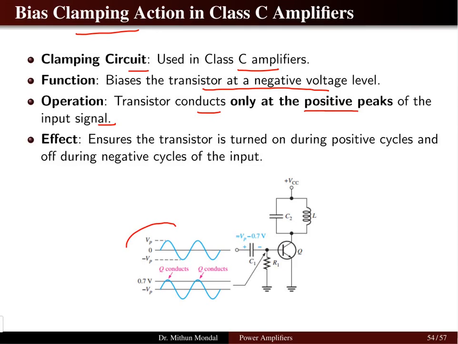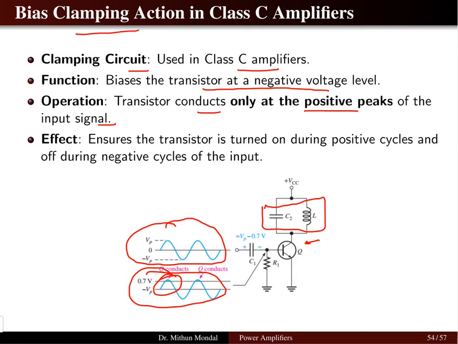When we are giving this AC signal, and the transistor we are using with the LC network, with some biasing given with the help of the biasing network, it will conduct only in the positive cycle. So here you will be getting the conduction. The transistor has to turn on during the positive cycle and off during the negative cycle of the input. That is a biasing effect.